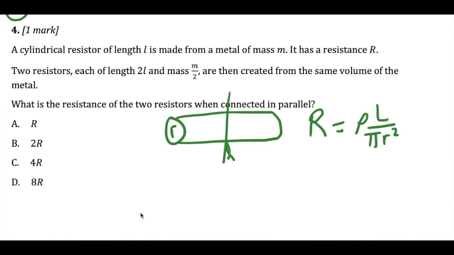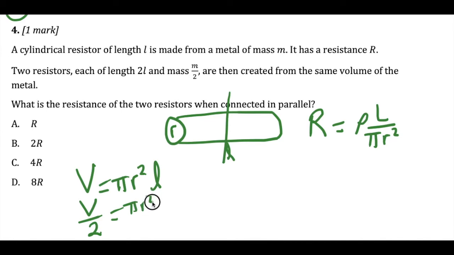So what happens to the volume is initial volume was pi r squared L. Half of the volume, because we're taking half of it, is going to be pi r squared 2L, now that we are stretched into 2, which is going to be the new r, this new r, let's just give it a different color.